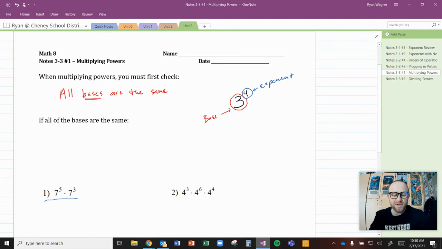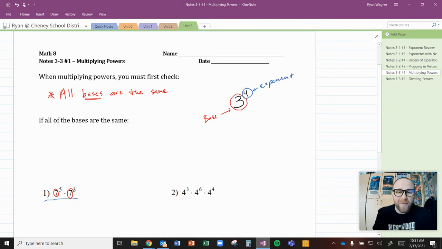If I look at example number 1 here, I'm looking at this base and this base, and we have to make sure that those two bases are the same. If they are different, this does not work. If we look at number 2, we're looking at 4, 4, and 4. The bases are the same. It's going to work. If this was 4, 5, and 6, it would not work.